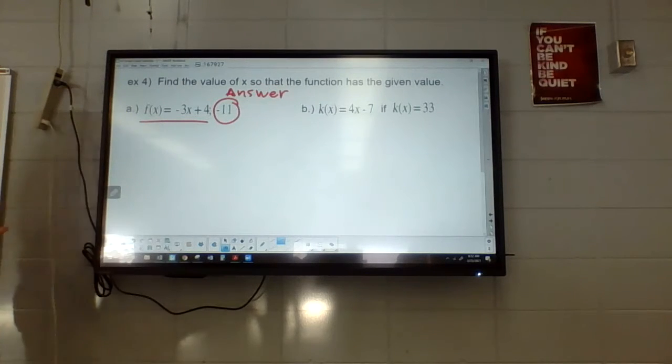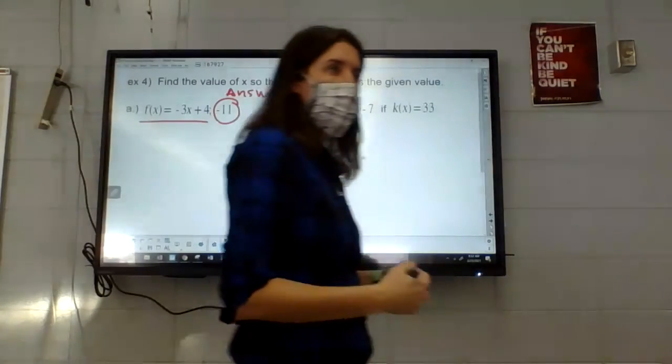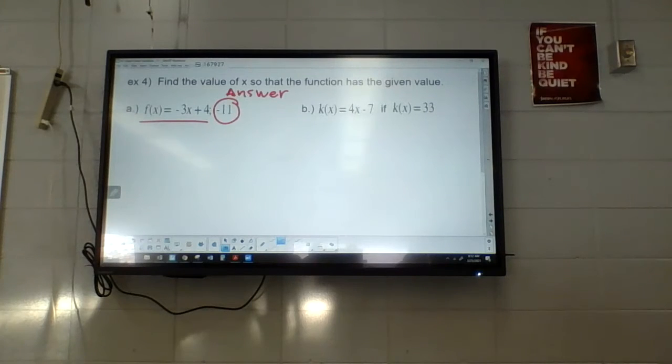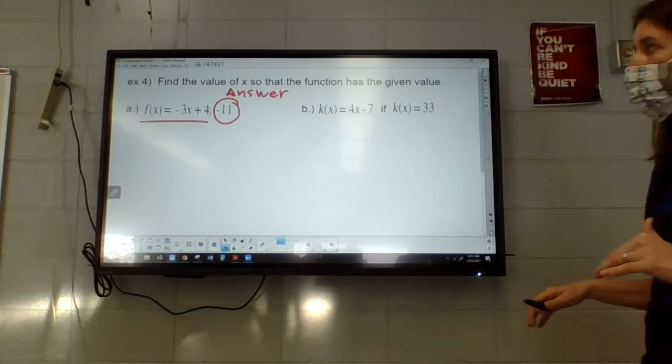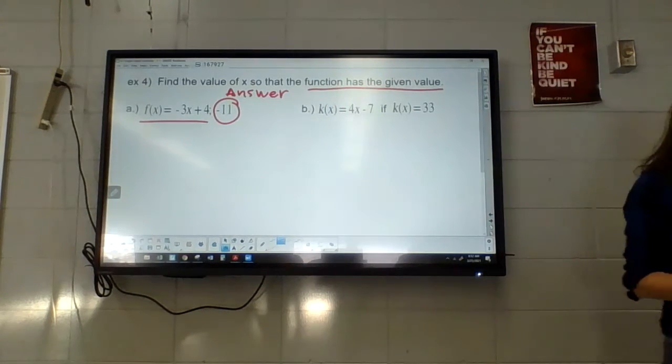They're not telling us what x is, they're telling us what the function equals. So where do you think I'm going to put negative 11? What do you guys think I'm going to do with negative 11? I'm telling you it's not the value of x. They're telling us the function has that given value.